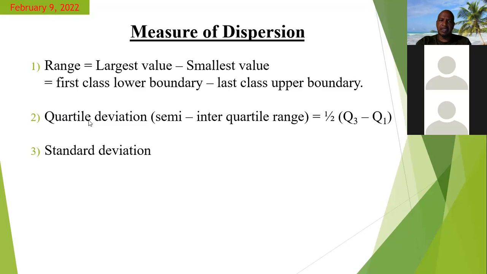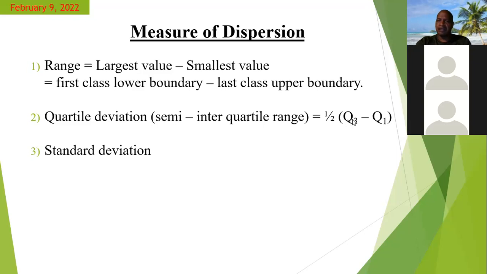Now, the next thing that we know is quartile deviation. You would have met this when we were doing median, because this was something that I had actually mentioned, that you can calculate by knowing the upper quartile and the lower quartile. The lower quartile is quartile 1, and the upper quartile is quartile 3.